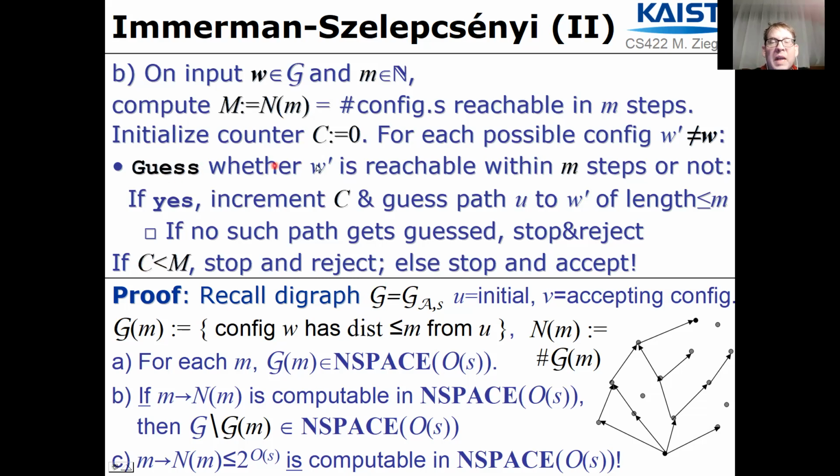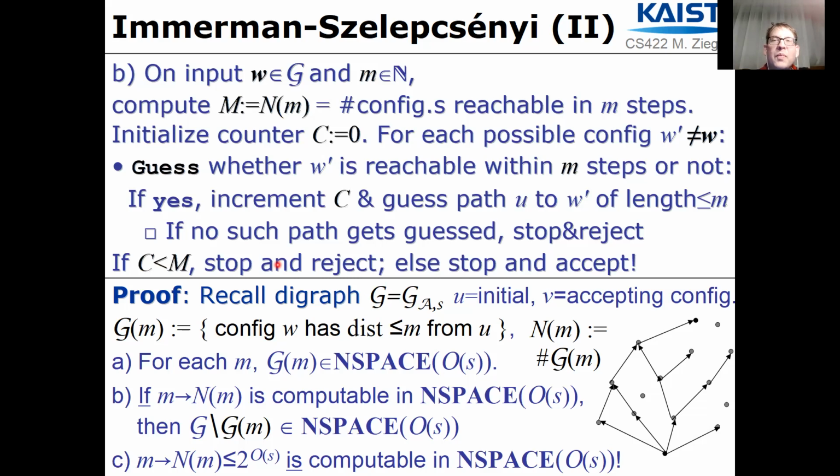If all the positive guesses have been correct, which can be verified by the fact that the counter has reached the actual number of reachable vertices, then it means also the guesses where we guess that a vertex is not reachable must also have been correct.